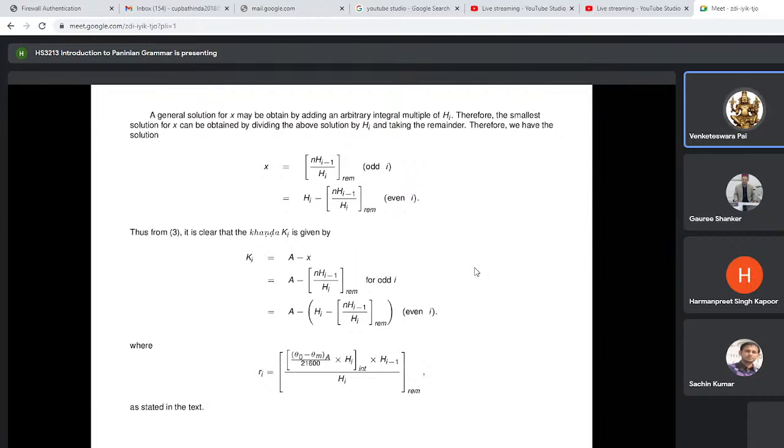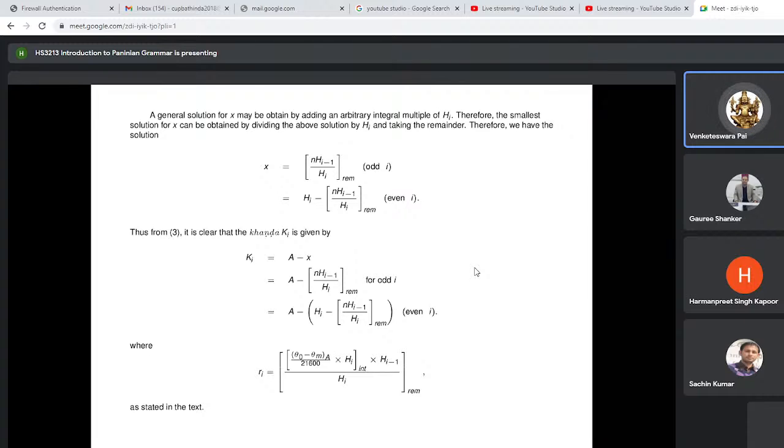This is one instance where Padmanabha Somayaji, the author of Karana Paddhati, uses the continued fraction and its properties to solve an astronomical problem. Here the problem is to find the khanda.